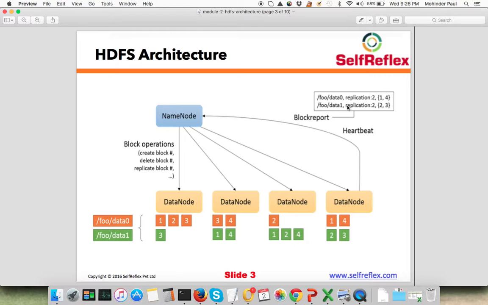By default the block size is 128 MB, which means the framework will try to divide every file into chunks of 128 MB, but as we all know, the file size cannot be an exact multiple of 128 MB, so your last block is always going to be smaller than 128 MB, right? In that case, your name node also maintains the size of every block, which means if the last block is smaller than 128 MB, it will give the rest of the space back to the file system to store other blocks. Make sense, guys?